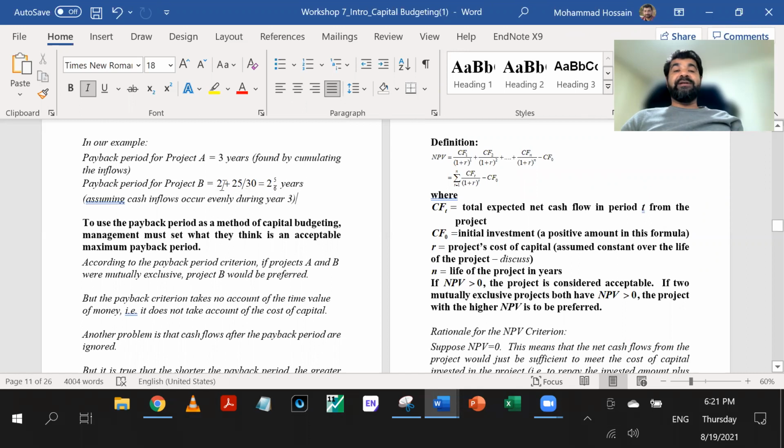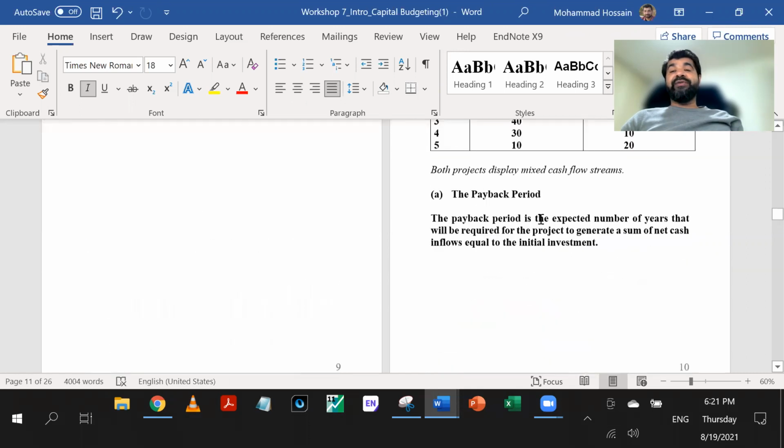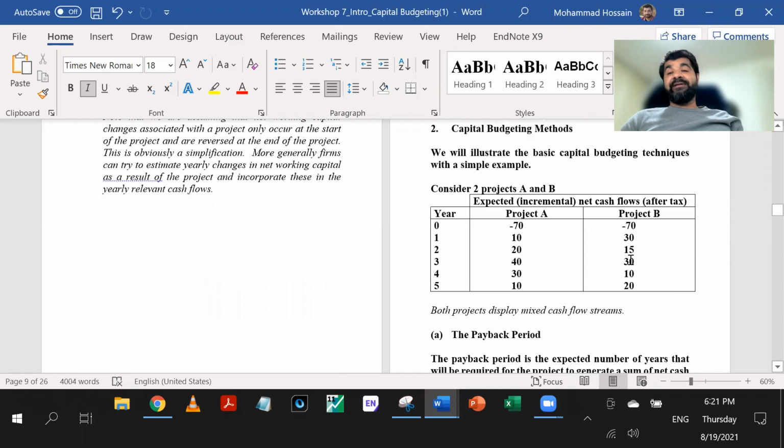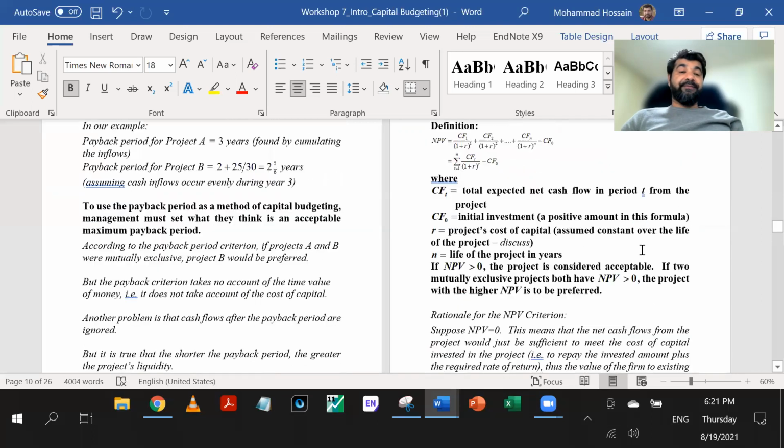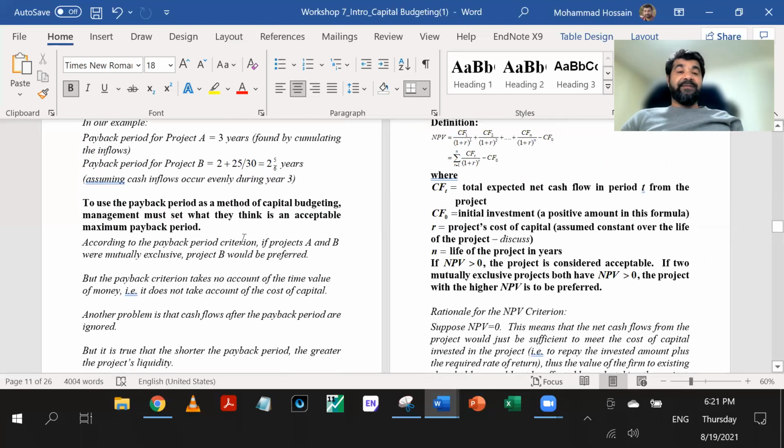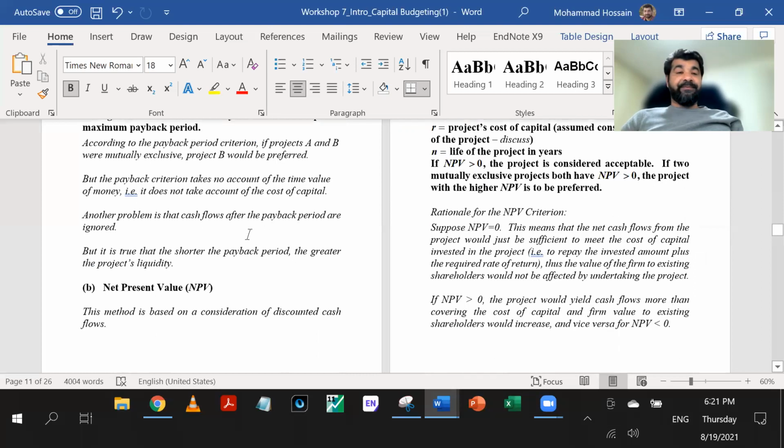How did they calculate 25 by 30? We need 25, but we are getting 30, so we do it pro rata. The whole year gives us 30,000. How long will it take to get 25? That's what we calculate. That's it for the payback method.